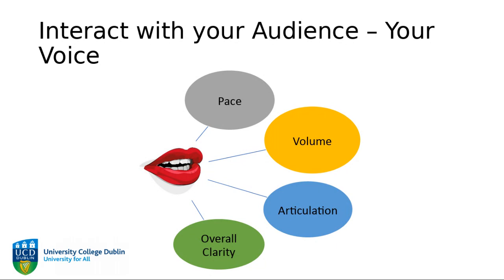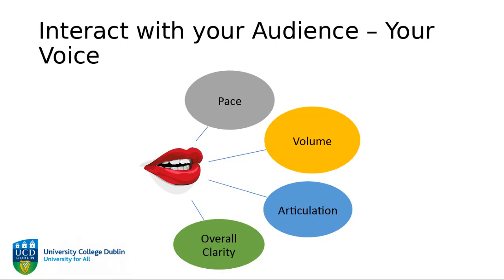The next thing is the articulation, and this is why it's important, particularly from the pace perspective, to make sure that you are articulating your words as best you can. The reason for that is to keep your audience's understanding up as you go throughout the presentation.